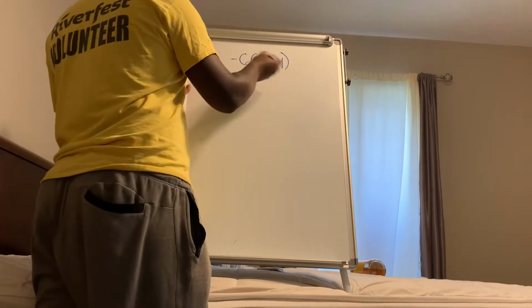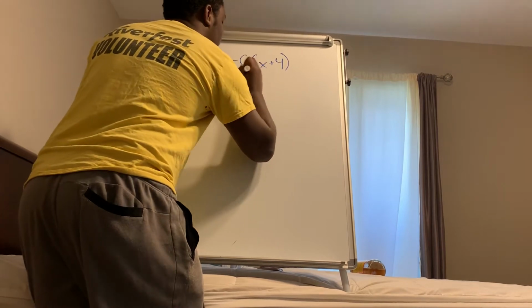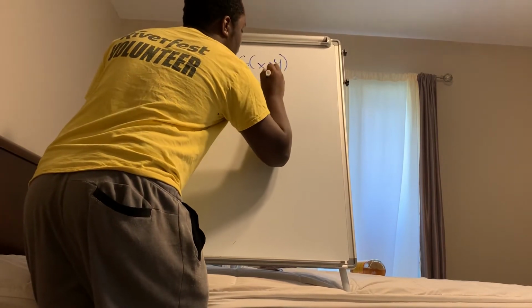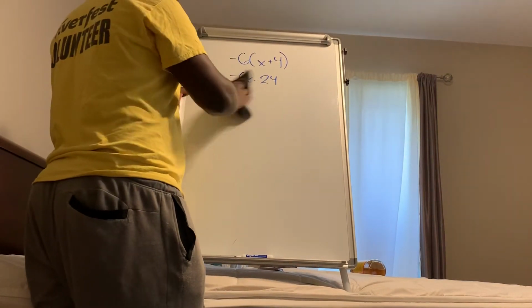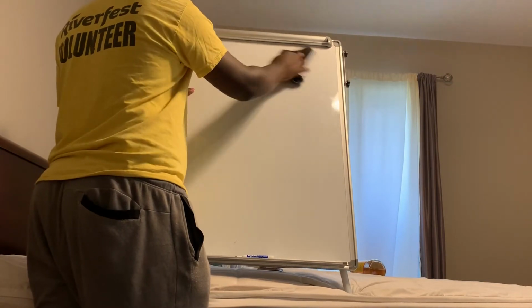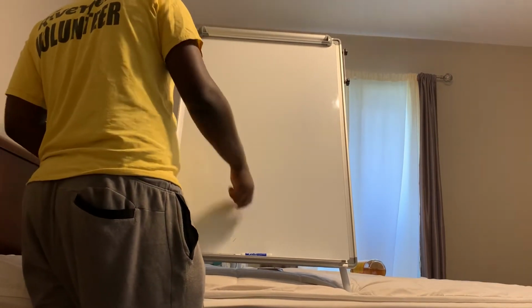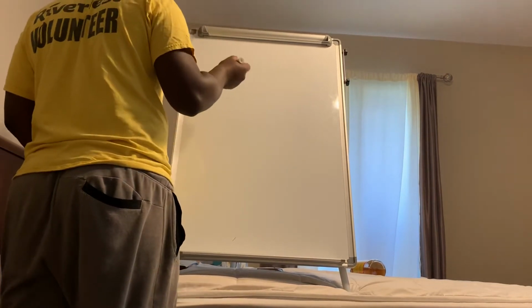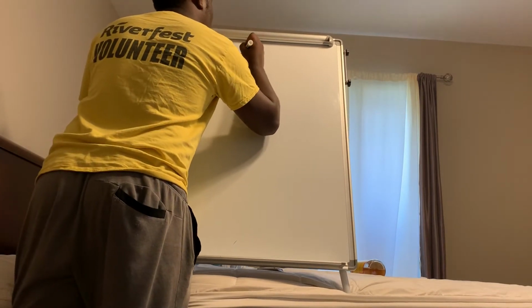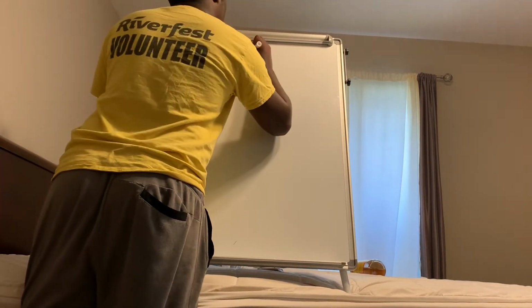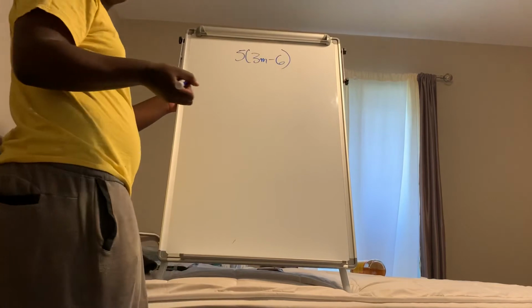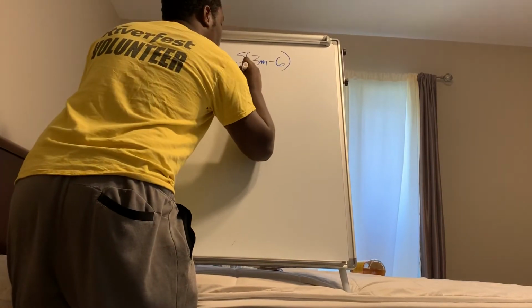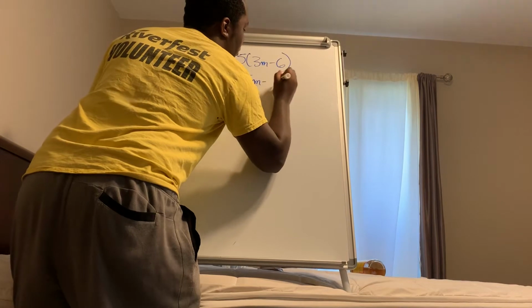So I'm going to distribute. I'll have negative 6x minus 24. And we have 5 times 3m minus 6. Same distributive property. 15m minus 30.